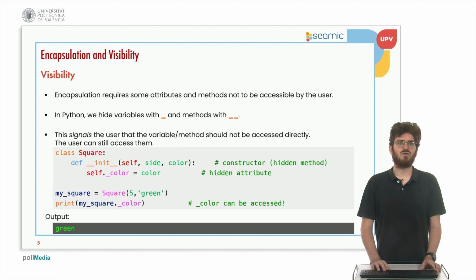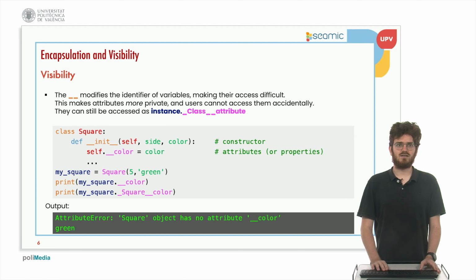But this name will not be suggested to them when they are working with an IDE. You can see that in this case we can print the color even though it's a hidden attribute, but it's a good practice to hide the variables that the user does not care about and does not need to modify directly. So, if we can hide it a bit, let's try to hide it a bit more.